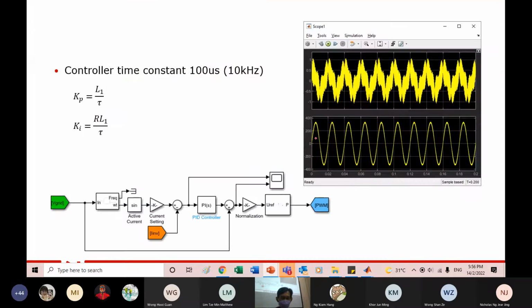Now let's look at the many ways to determine the KP and KI values. This is only one of the ways, but not the best way and not the worst way.